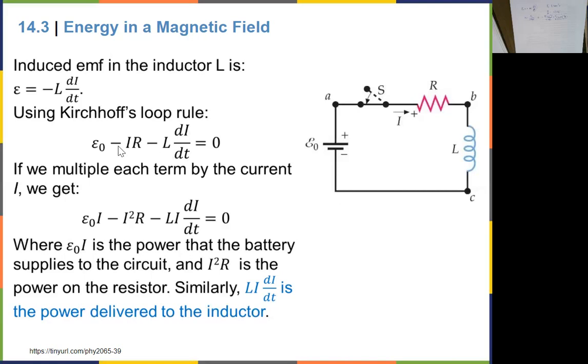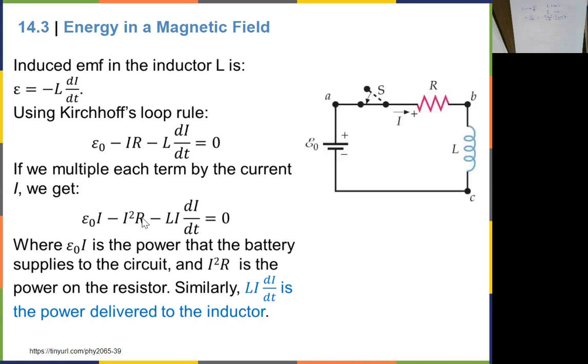Now, you can multiply both sides of the equation by I. So the first term becomes epsilon times I, the second term becomes I squared times R, and the third one becomes L I di over dt. The right-hand side is 0, and multiplying by I is still 0. We know that voltage times current is in the dimension of power, and I squared times R is also power.